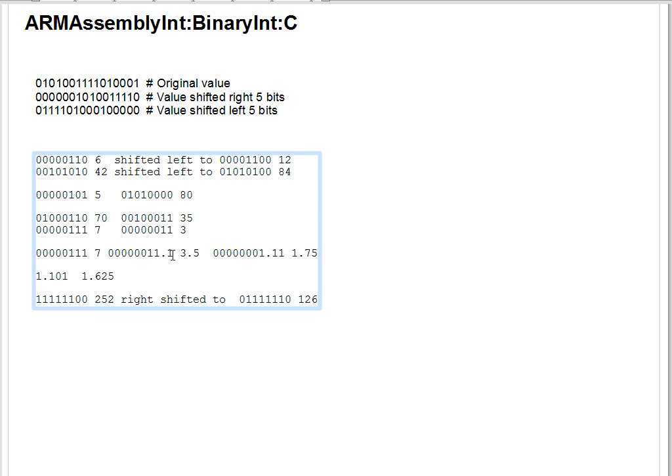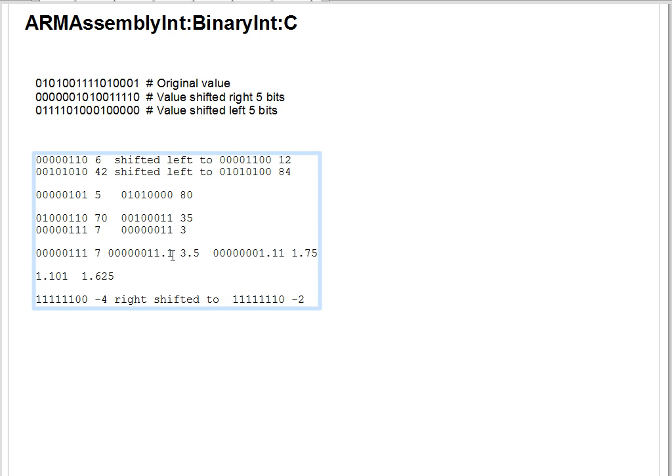Well, the answer is that in signed form, 6 1s and 2 0s is a -4. But 0 and 6 1s and 0 is still 126. Half of -4 is -2. And that is the pattern 7 1s and a 0, which would then be correct.